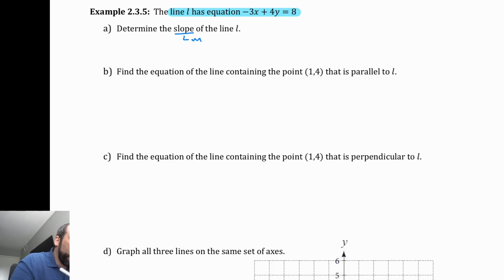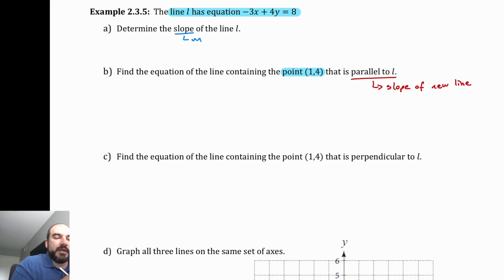So we're given a point here, and then from part A, we know that the slope of L is going to be something. And if we want a line that's parallel to L, what do we need to use for the slope of the new line?